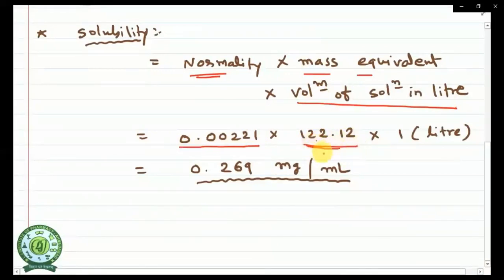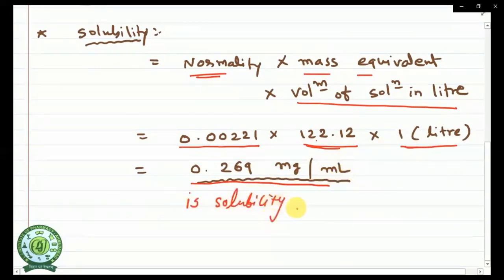Then the mass equivalent is 0.2212 and the volume is 1 liter, so it's 1. So your final answer will be 0.269 milligram per ml. That is the saturation solubility of your drug. So 0.269 milligram per ml is the solubility of benzoic acid in water.